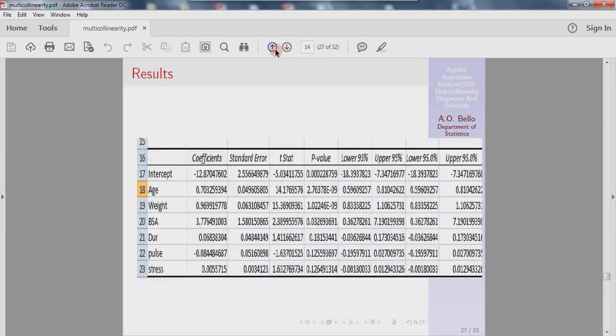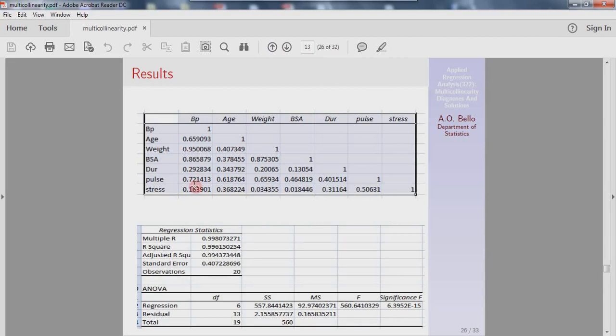Let's look at that to confirm this. Weight is correlated with age, and body surface area.